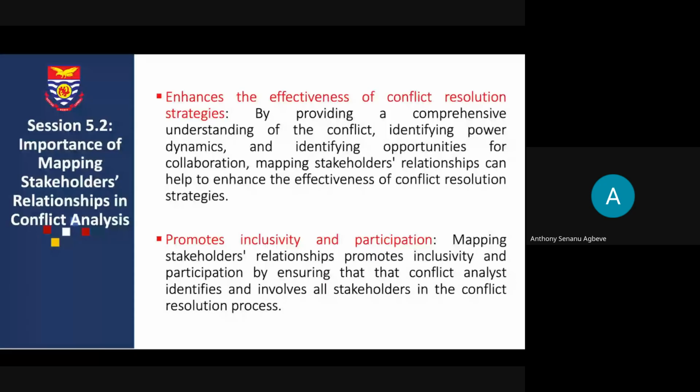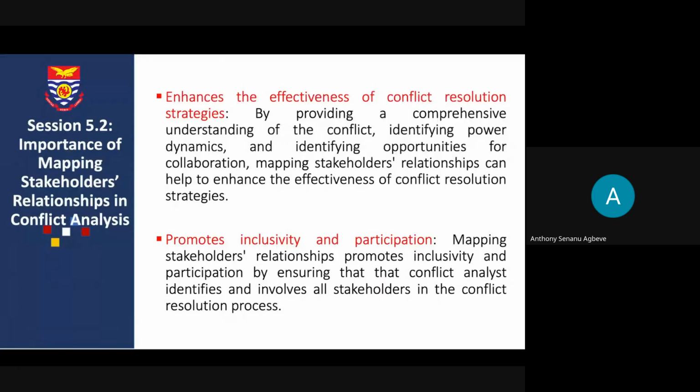And then also it promotes inclusivity and participation. This is because all the stakeholders who are involved are participating in the process. You are able to map out and talk to all these various groups. And once people feel included in something, they participate. At the end of the day, whatever intervention, strategy, or recommendation comes up, each party will accept it, hopefully.